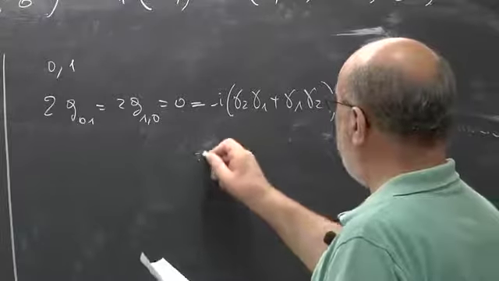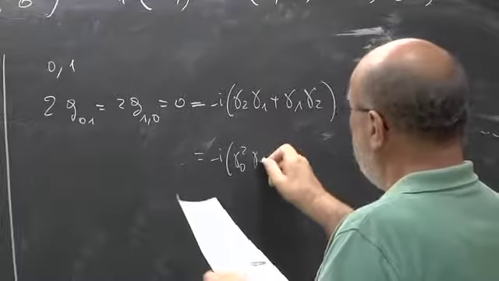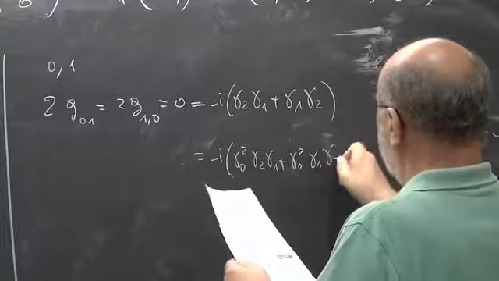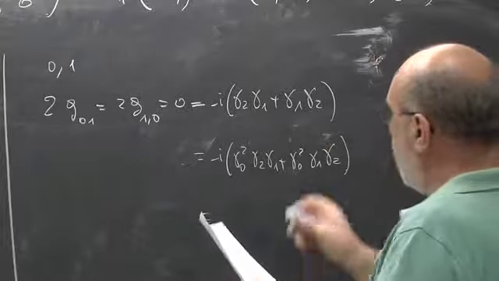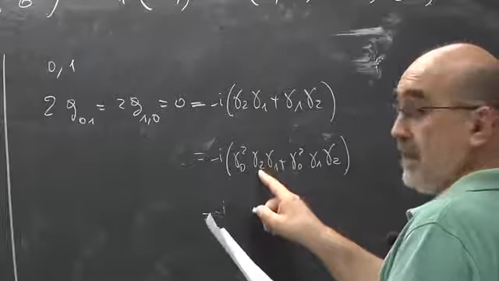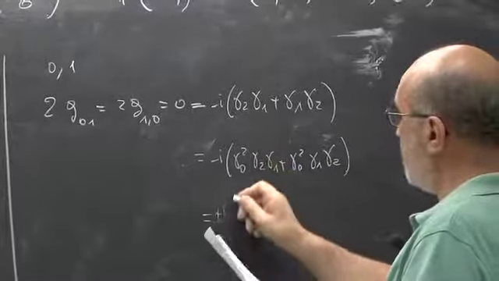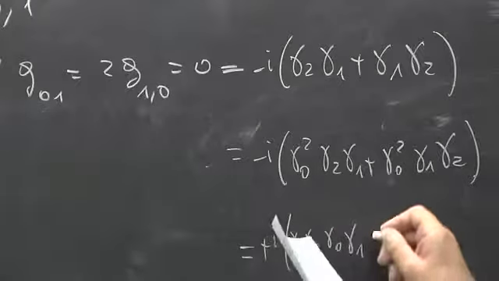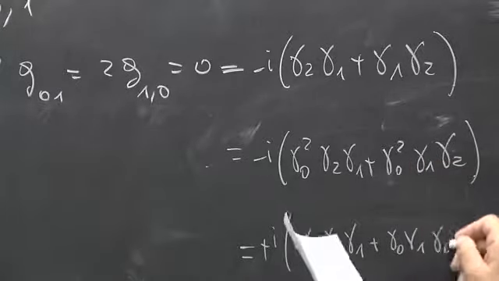Now we can multiply this by gamma 0 square and get gamma 0 square, gamma 2, gamma 1 plus gamma 0 square, gamma 1, gamma 2. Then what I can do is bring one of these two gamma 0 into there, then I change sign, and I have gamma 0, gamma 2, gamma 0, gamma 1, and I do the same there, plus gamma 0, gamma 1, gamma 0, gamma 2.